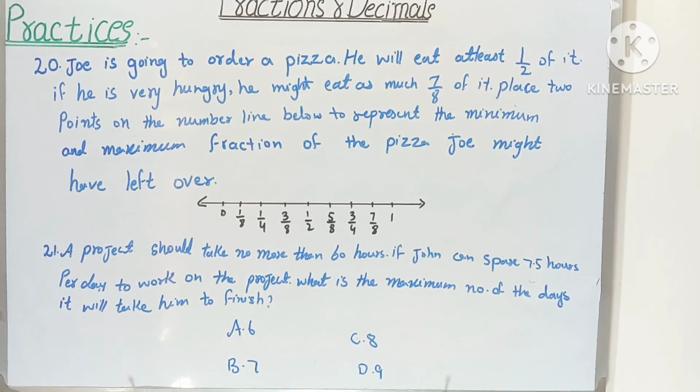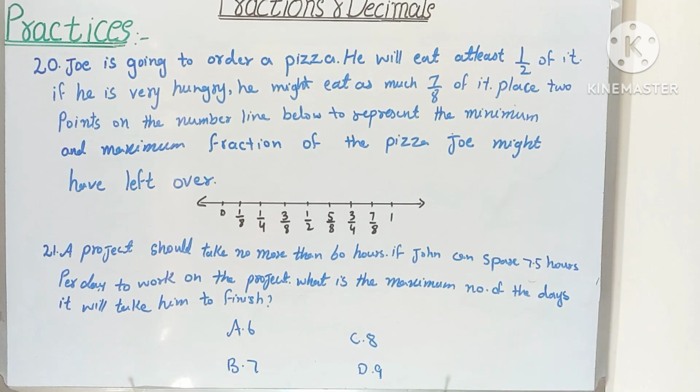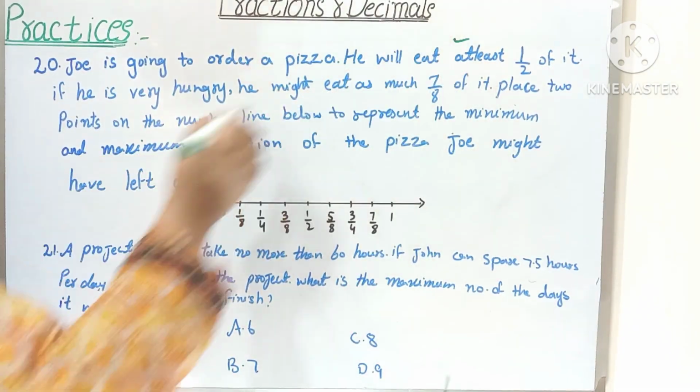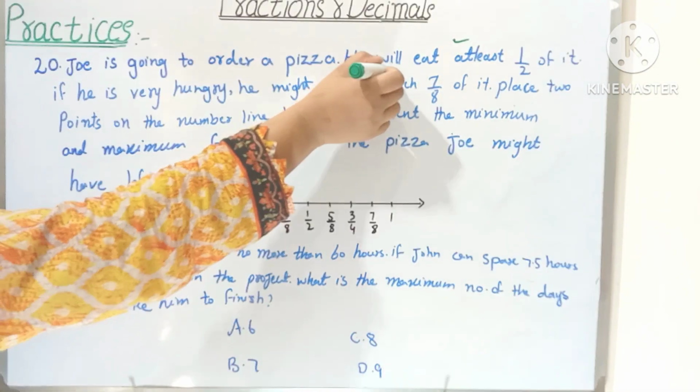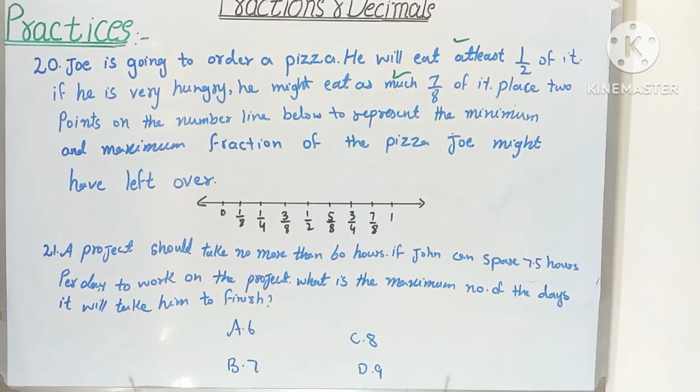Question number 20. Joe is going to order a pizza. He will eat at least 1/2 of it, and if he is angry, he might eat as much as 7/8 of it. Place 2 points on the number line below to represent the minimum and maximum fraction of the pizza Joe might have left over.